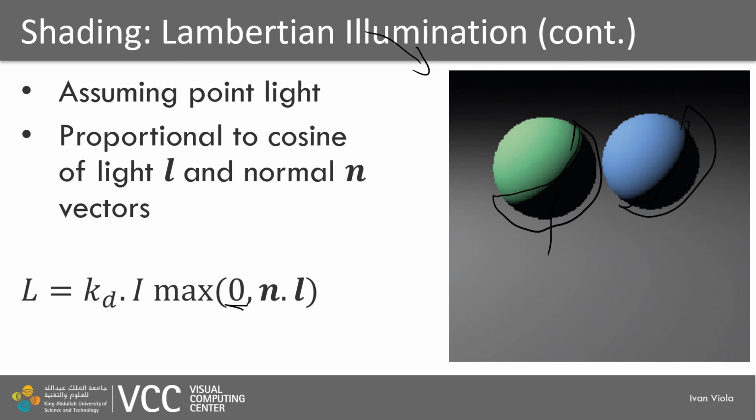For other points, we can see a smooth gradient in illumination from the directly illuminated points towards the ones where there is a bigger and bigger angle between the normal vector at the particular position and the light vector. So exactly here, the dot product between the normal vector and the light vector will be 0, which means that the normal vector will be perpendicular to the light vector, while here the light vector and the normal vector will be aligned and parallel to each other.